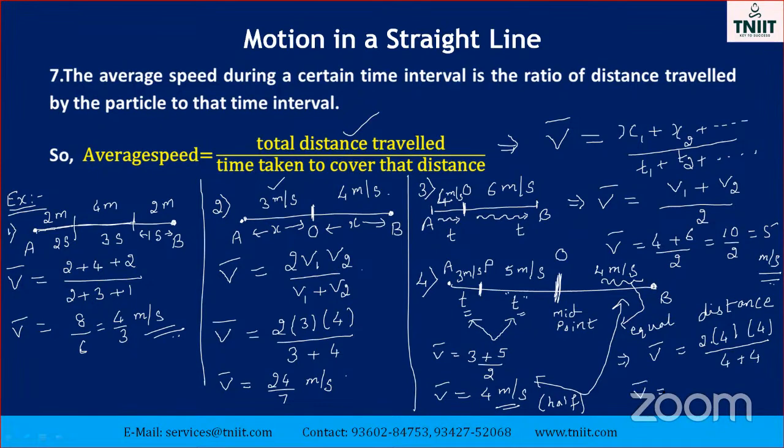So average speed is given by 2 into 4 into 4, 32, divided by 4 plus 4, that is 8. 32 by 8 will be 4 meter per second. So what is the average speed for the complete journey? For the complete journey, the average speed is 4 meter per second.